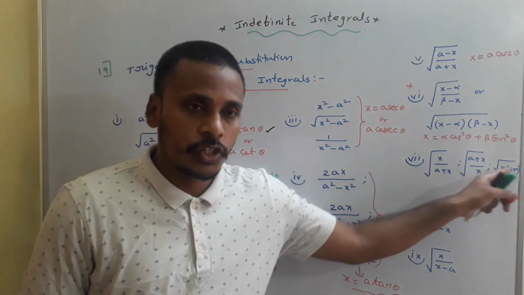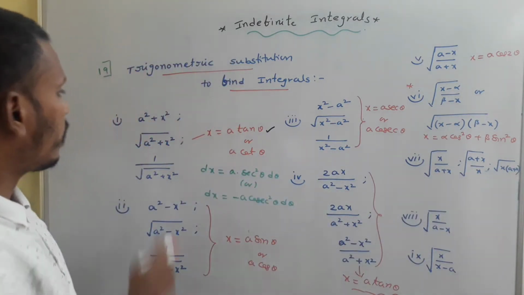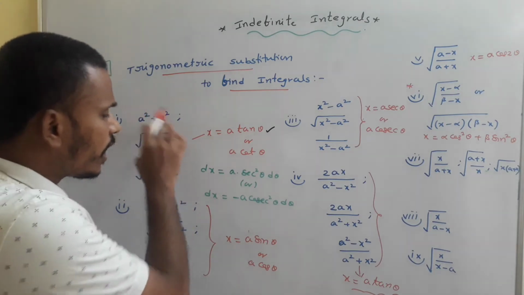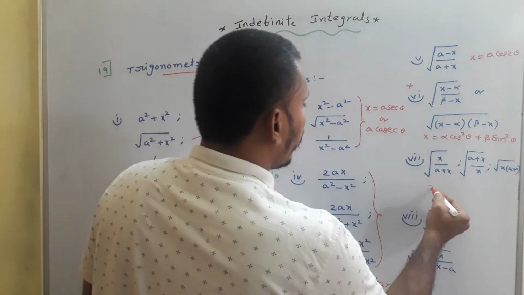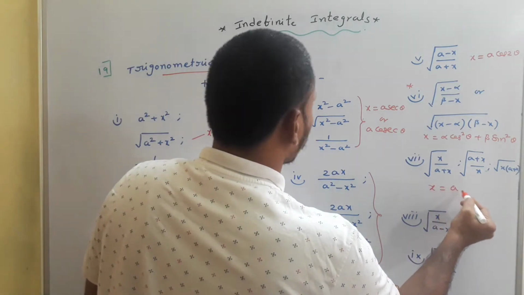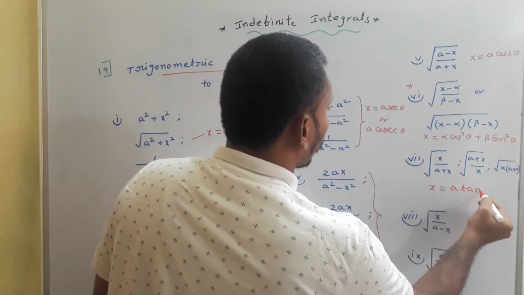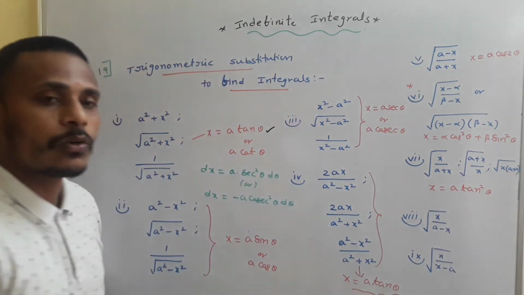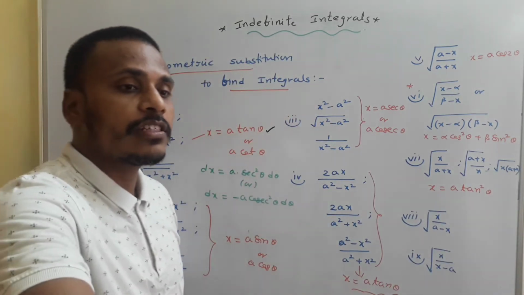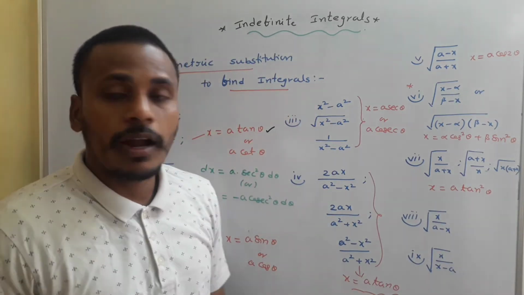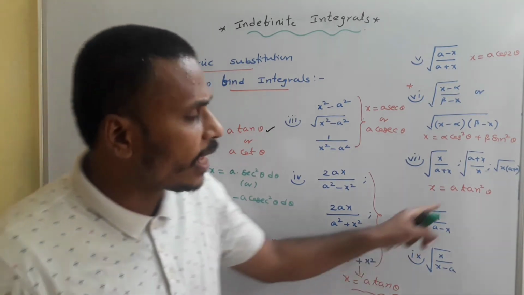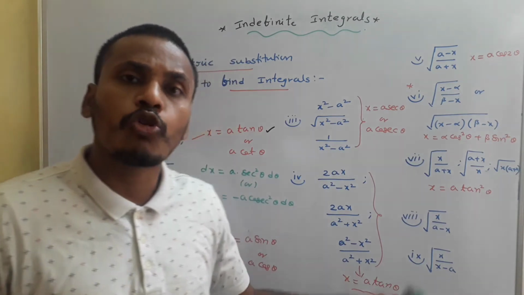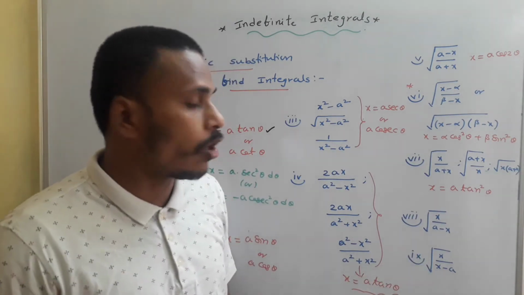Whereas the next stage is similar to a square plus x square. Here we have a square plus x square, but here we have a plus x. So here we need to take x equals a tan square theta. If you take x equals a tan square theta, then there is a chance of further simplification, and from there we will solve the problem. You may take x equals a tan square theta, or x equals a cot square theta also.